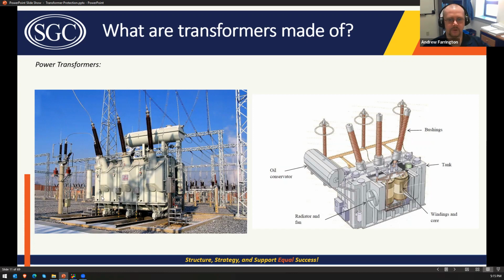You can then cool the oil, which can then in turn cool the transformer. We'll talk about that in a little bit. So it's got multiple nice properties, both in the insulation and protection of the transformer windings and core, and also the cooling properties.